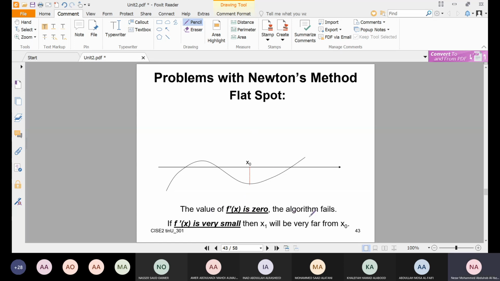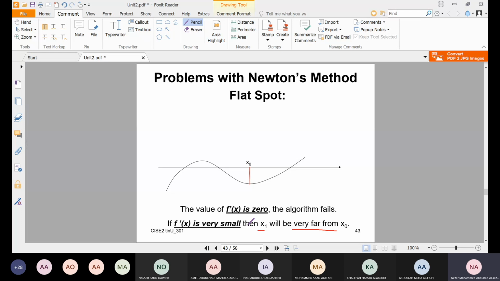In this case, our algorithm will fail here, because we have f of x over the first derivative. Or sometimes the first derivative value is very small. In this case, the new estimate will be very far from our estimation.